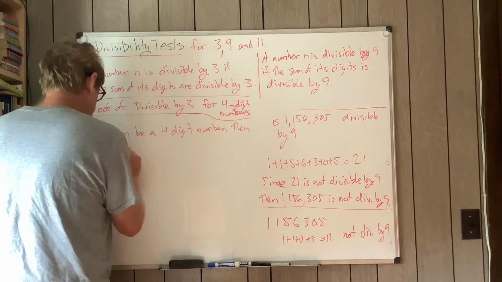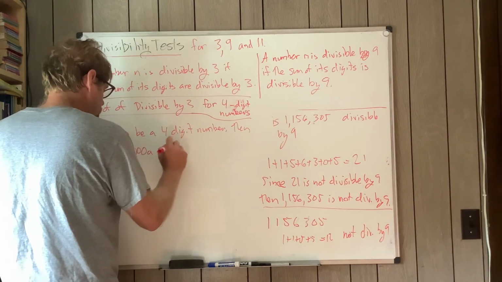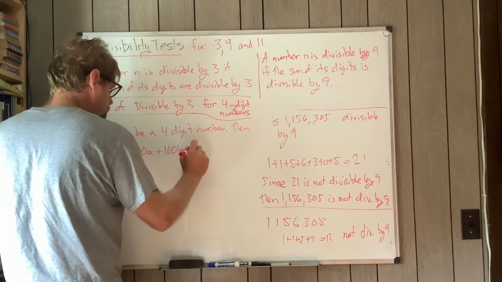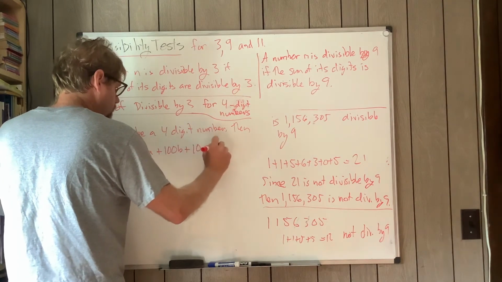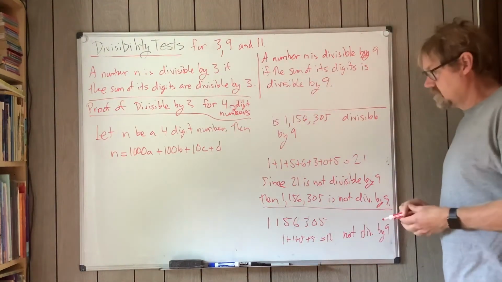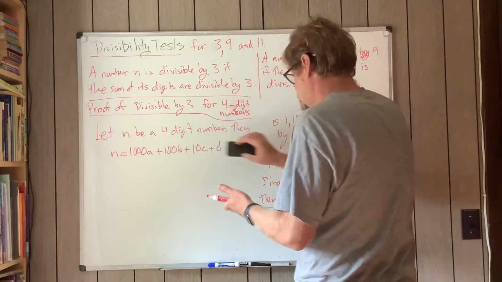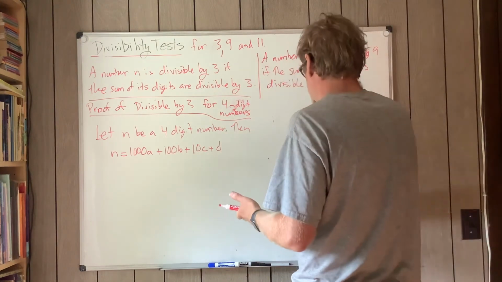And n I'm going to write as 1000A, 100B, 10C plus D. Okay. So all that does is pull out the digits A, B, C. Let's take a look at that.